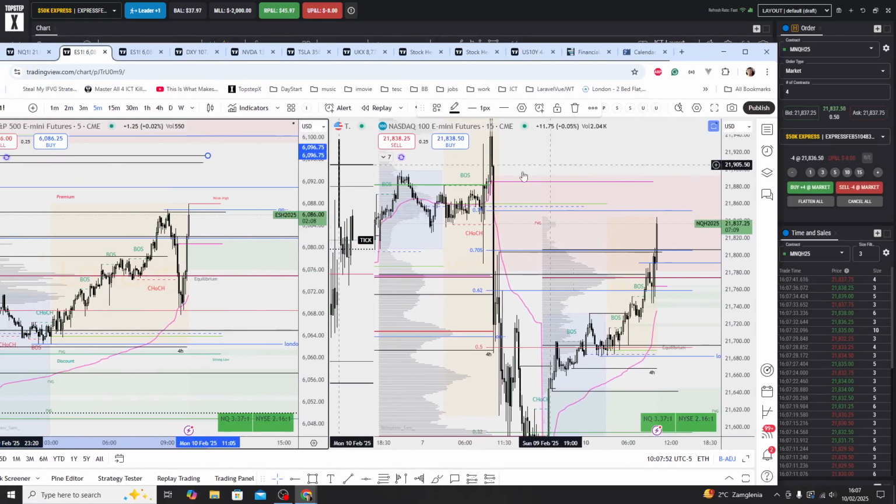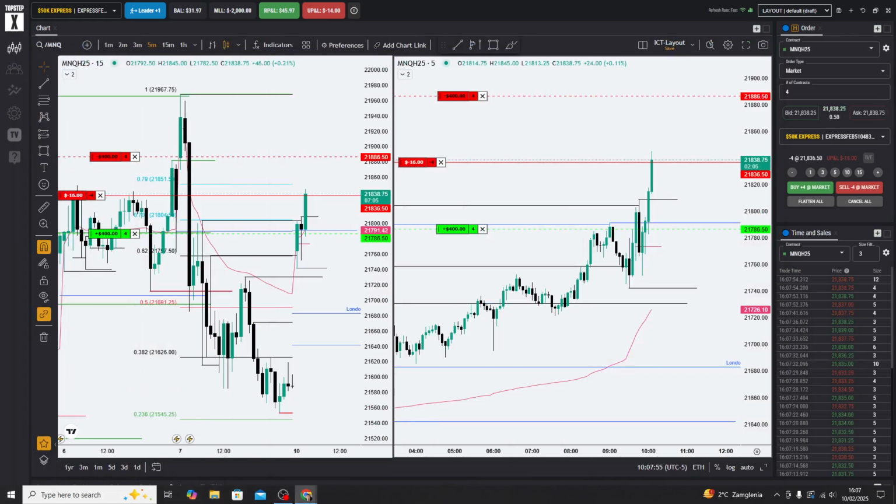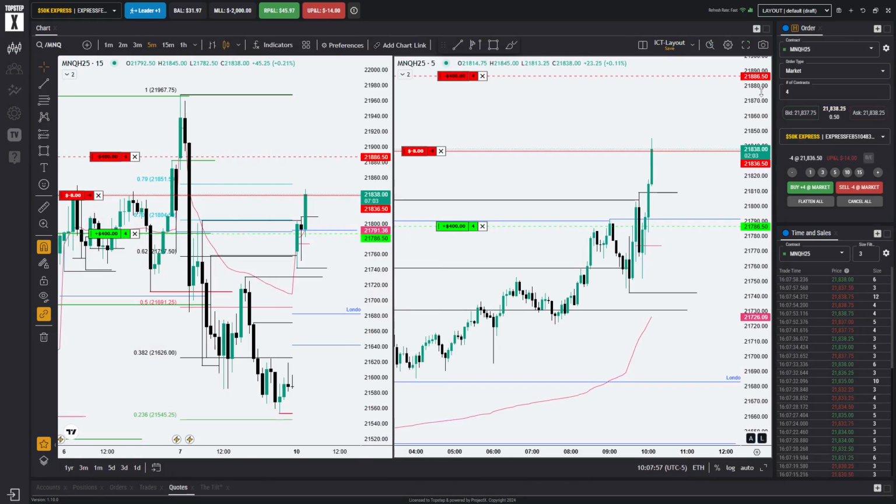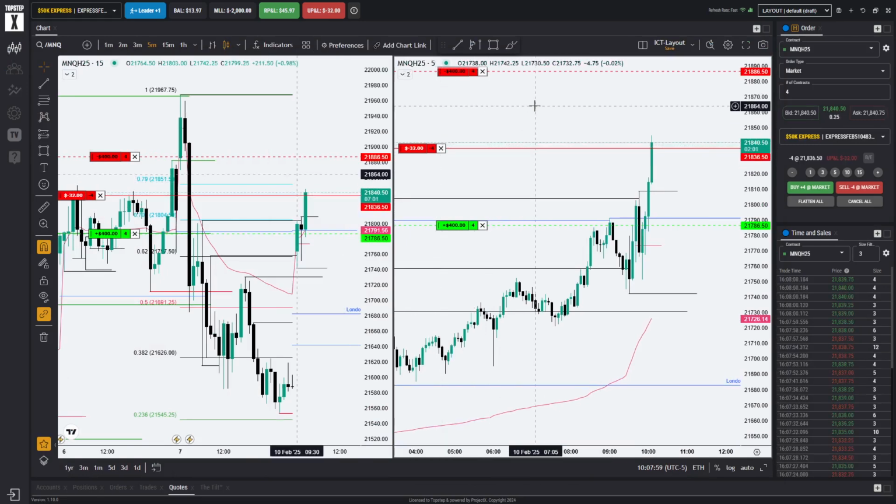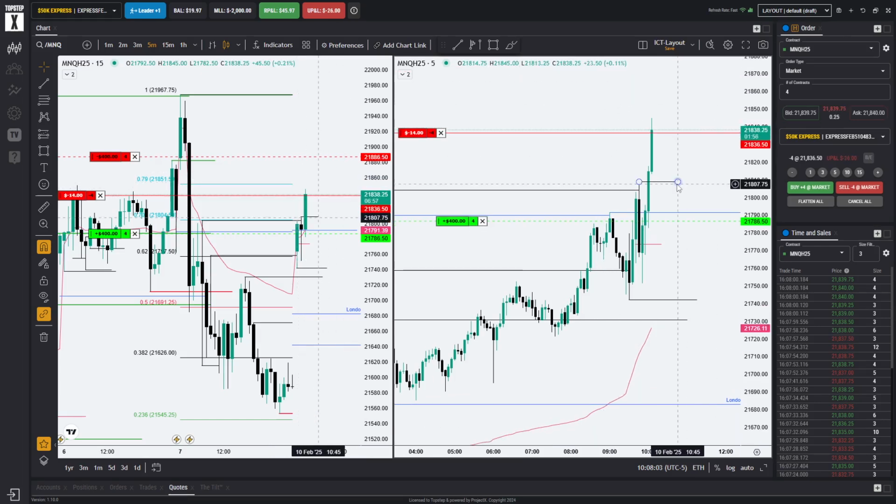Basically, I'm shorting into this liquidity. 40, 40, 50.